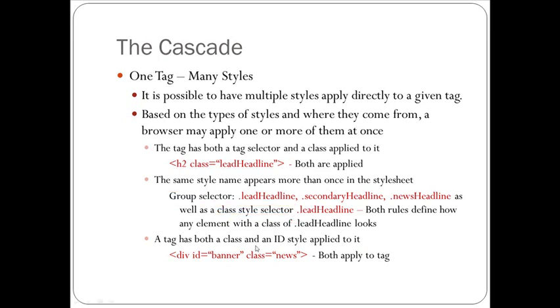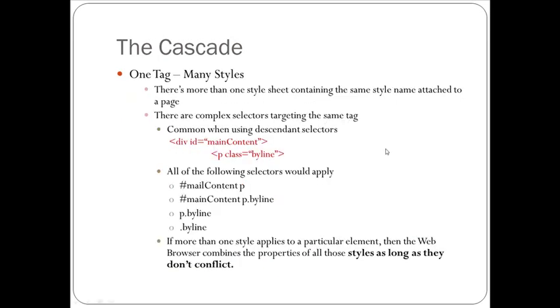If the tag has both a class and an ID, both of them would be applied. This would get styling from the divider if it had a style, from the ID banner, as well as the class of news. You could also have more than one style sheet that contains the same style name attached to a page.